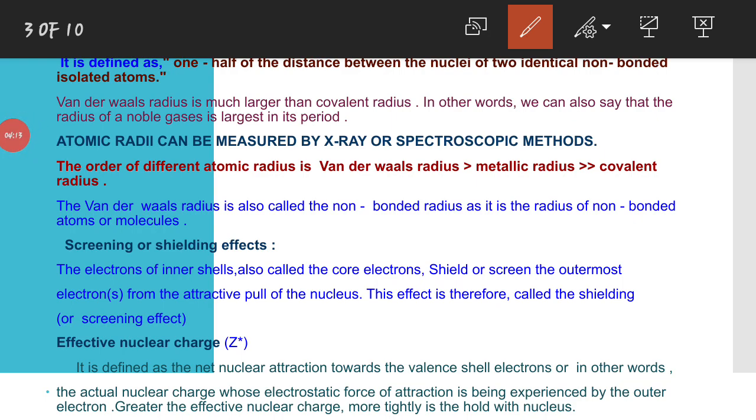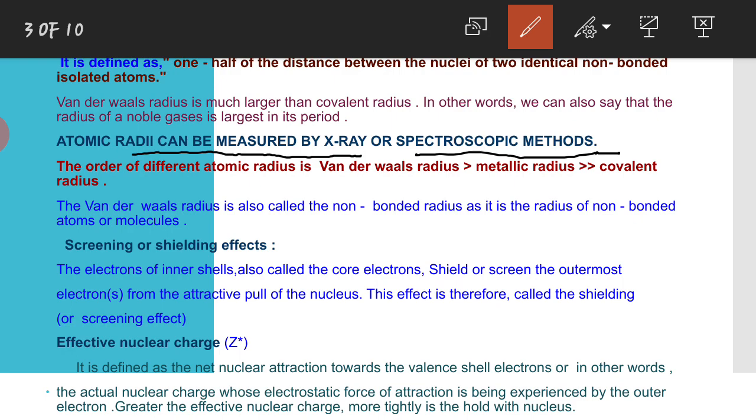Atomic radii can be measured by X-ray or spectroscopic methods.